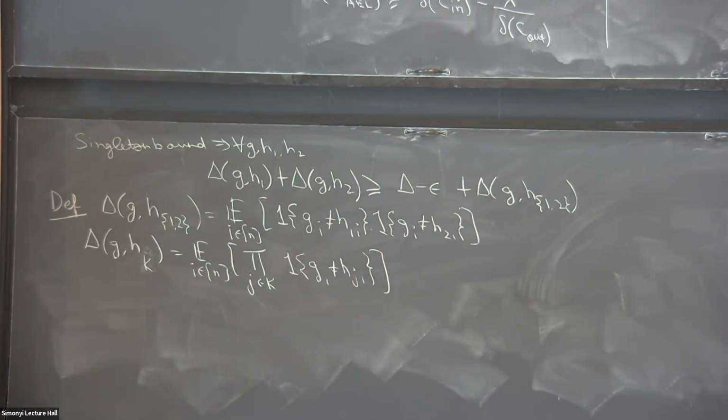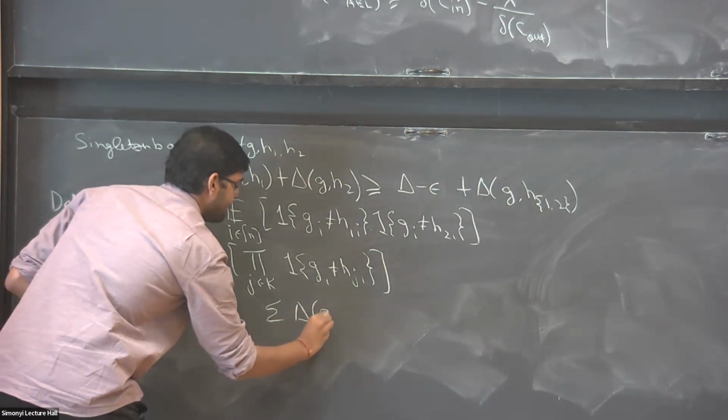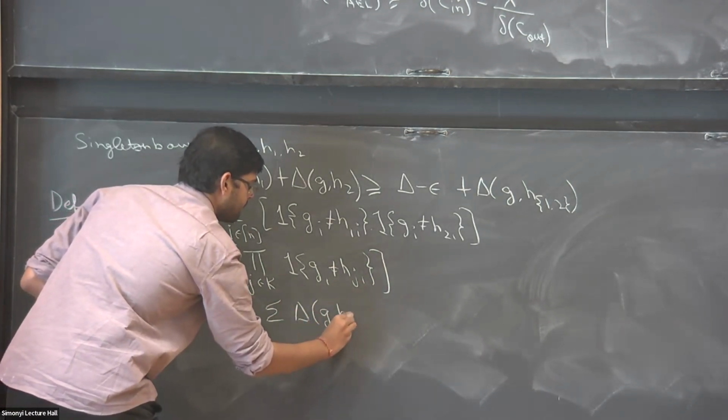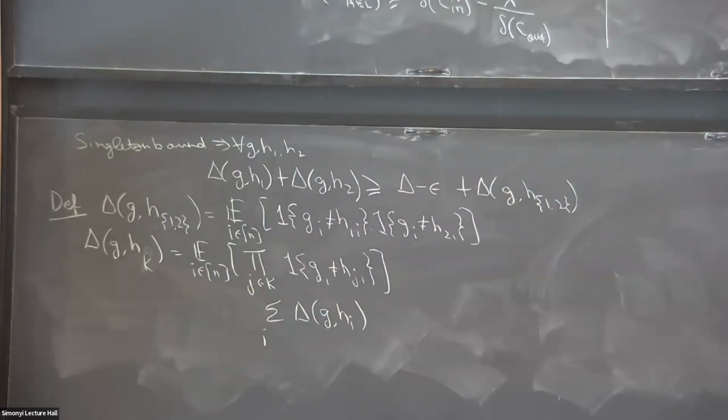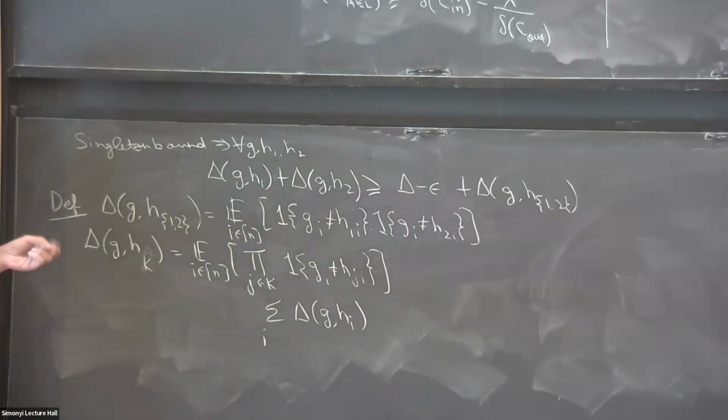And what we are really going to prove is the generalized Singleton bound in the form of what is G sub I? G sub I is the ith coordinate of G. Okay. Yeah, and H sub Ji is the ith coordinate of Hj.